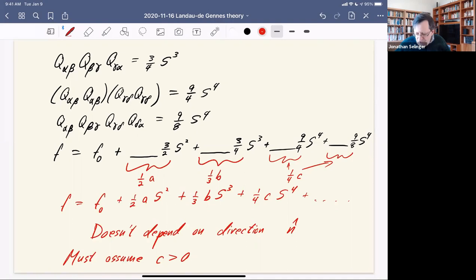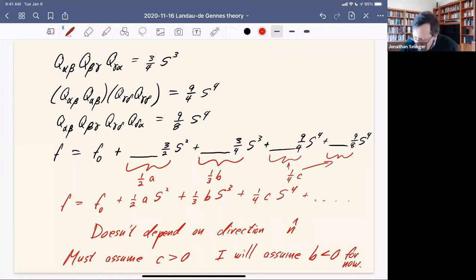In most physical systems, it turns out that B is negative, so I will assume B is negative for now. Later on, I will talk about what happens if B is positive.